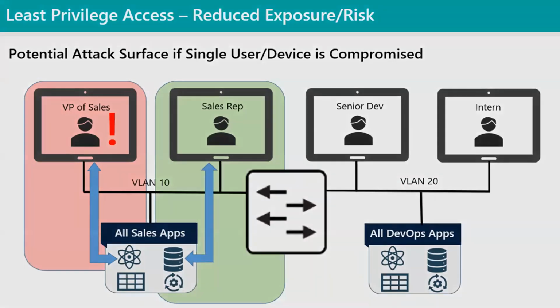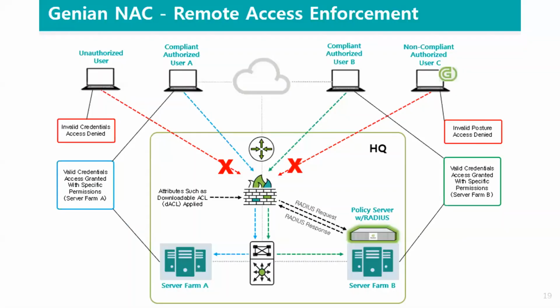Of course, remote access comes into play as well. You want to be able to do the same thing for remote users as you do for users that are on premise. This is an example where an unauthorized user with invalid credentials, or a non-compliant user who is an authorized user but doesn't have the appropriate security posture, is simply not allowed on the network.